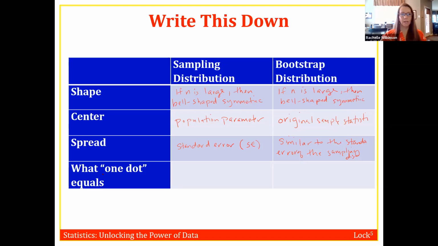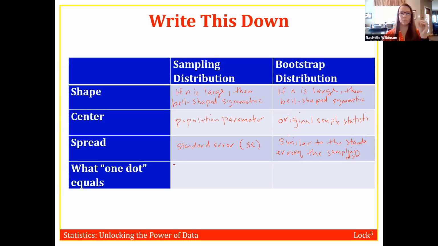Okay, and then last question, as we're constructing these sampling distributions, we often look at a dot plot. You could also look at a histogram, but in our class, we're going to look at dot plots a lot when we're talking about sampling distributions or bootstrap distributions. So I want to know, what does one dot represent on a sampling distribution?